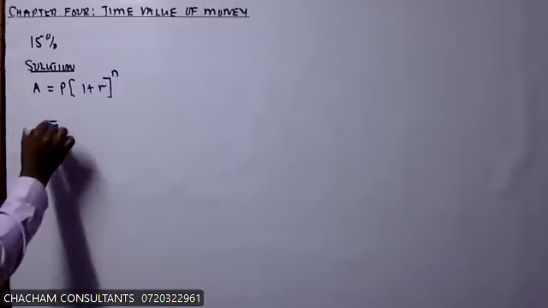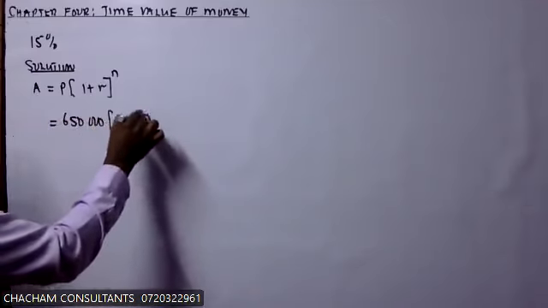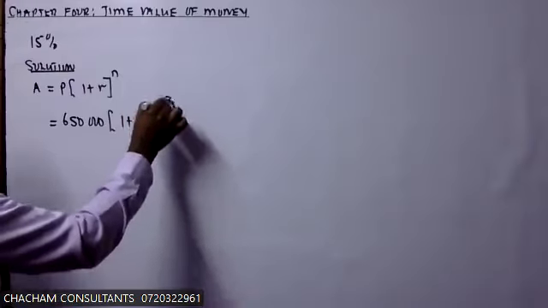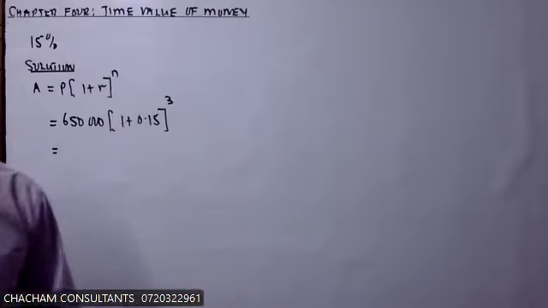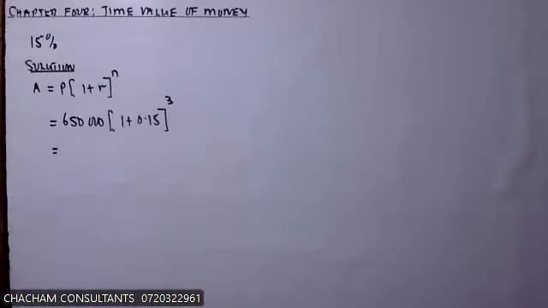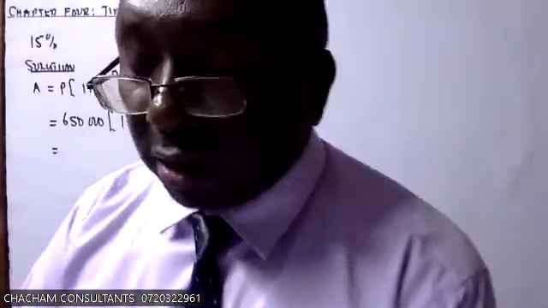So this person has invested 650,000 and the interest rate is 15% for 3 years. So solve that and give me the answer.